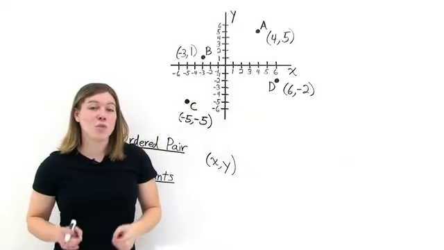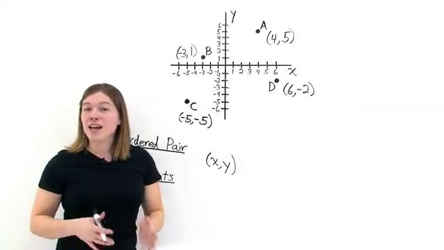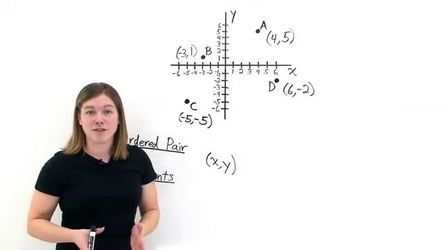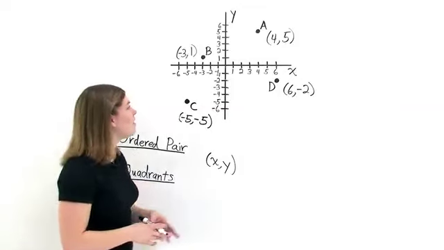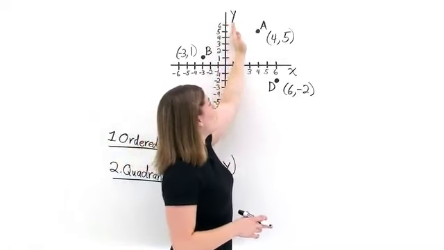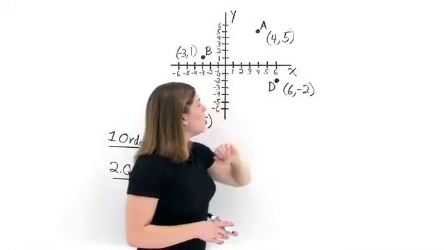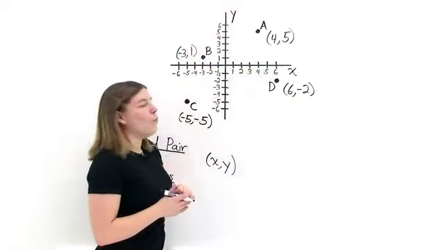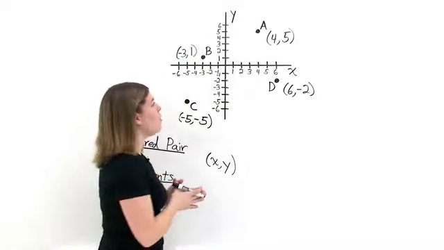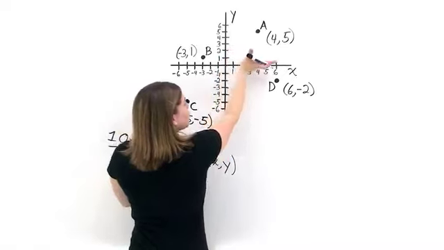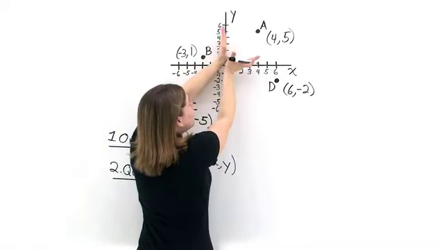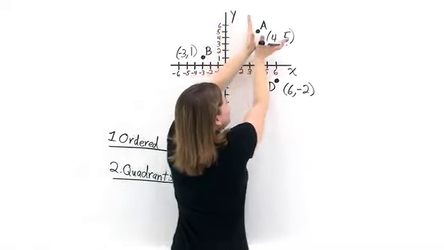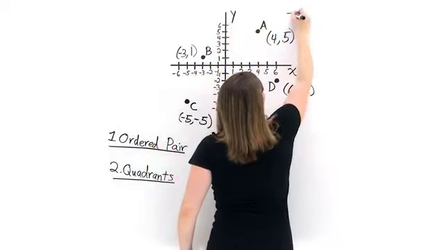Now, quadrant 1 is where the x and the y values are both positive. So let's see where that happens. The x values are always positive over here, and the y values are always positive up here. Well, the quadrant where that is always true must be quadrant 1.